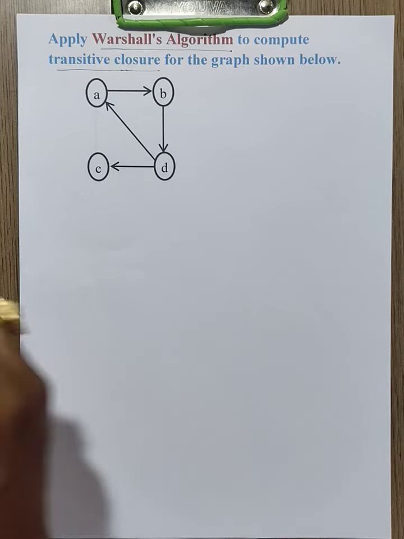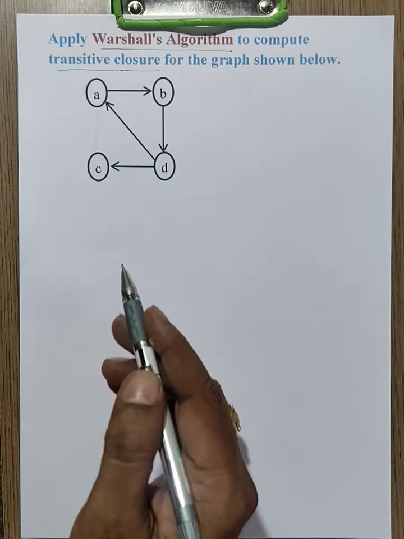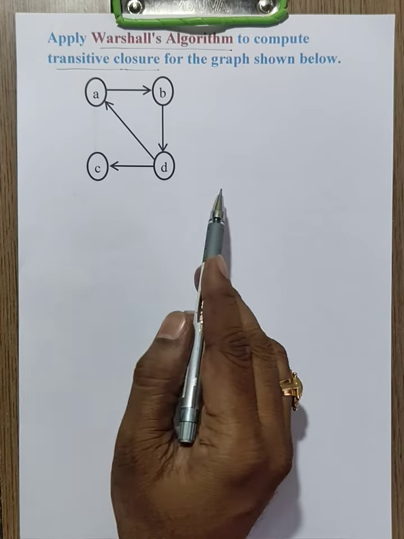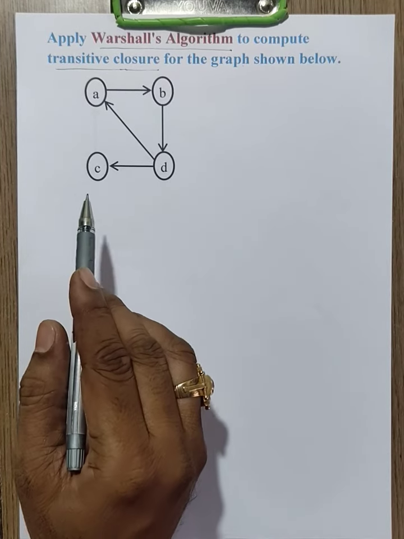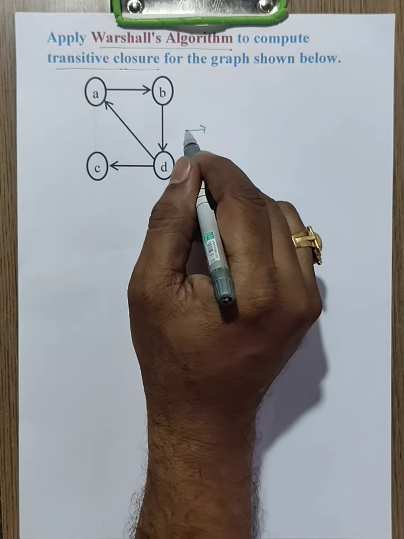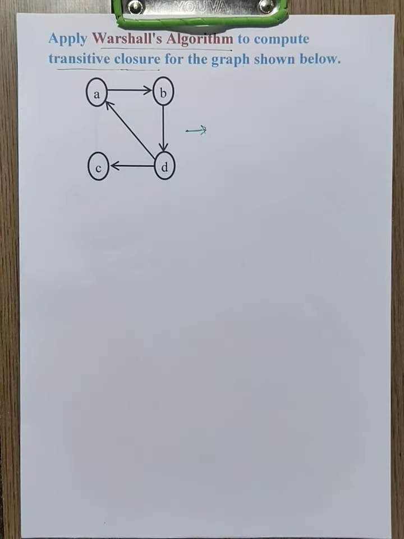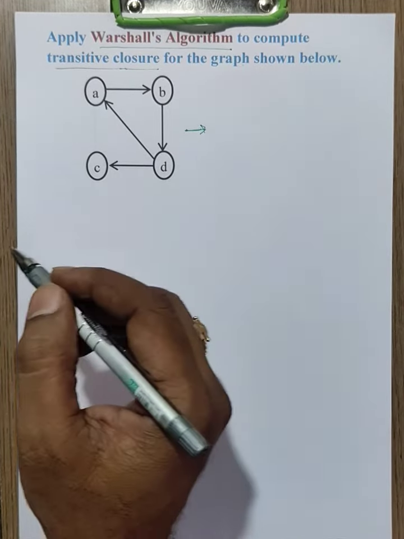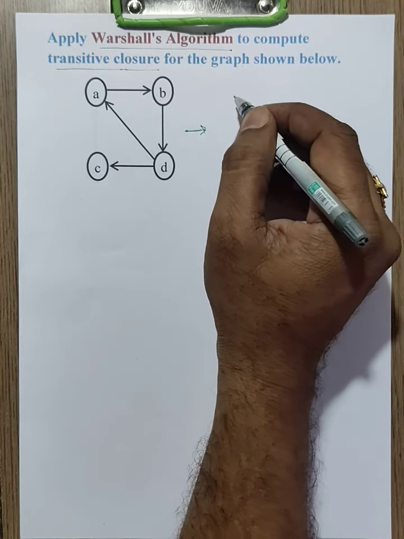As the first step, if a graph is given, then convert it into an adjacency matrix. If an adjacency matrix is given, then convert it into a graph. Here, within this example, the graph is given, so convert it into an adjacency matrix.